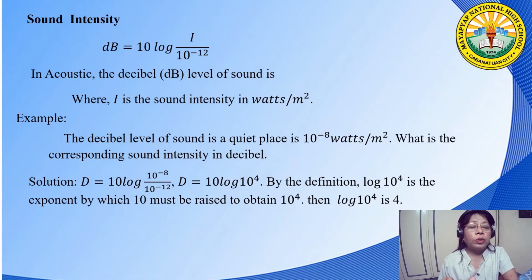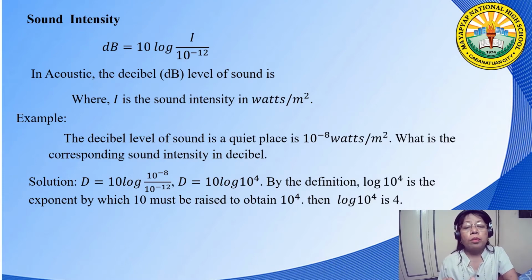So, D equals 10 times logarithm of 10 raised to negative 8 over 10 raised to negative 12. So, D equals 10 times logarithm of 10 raised to 4, applying the law of exponents.